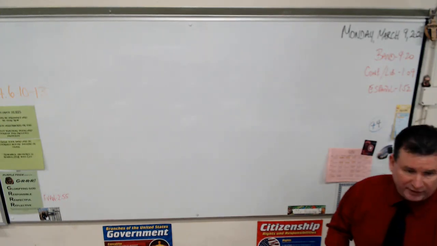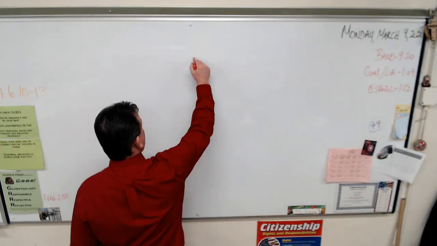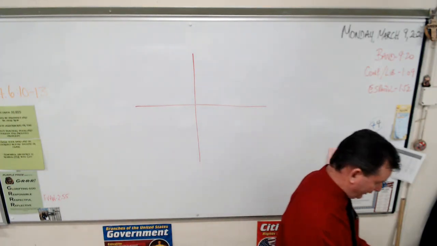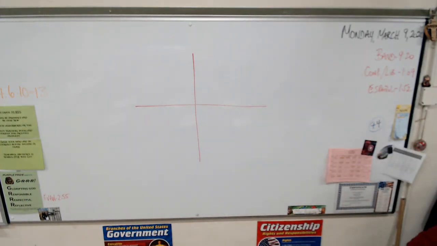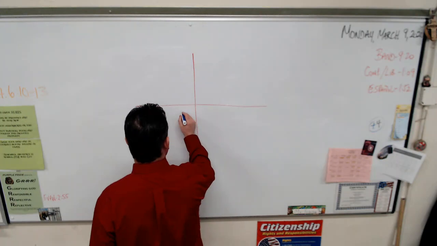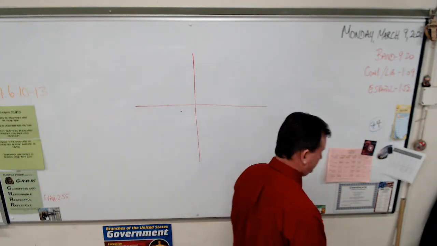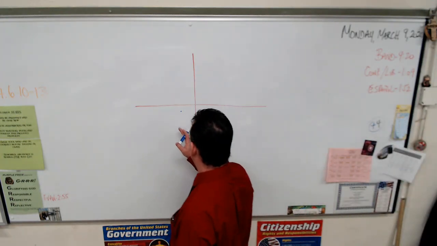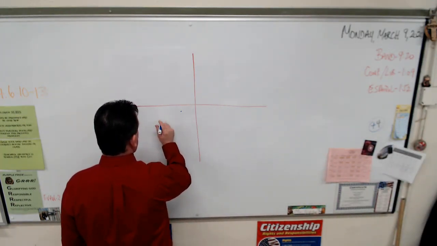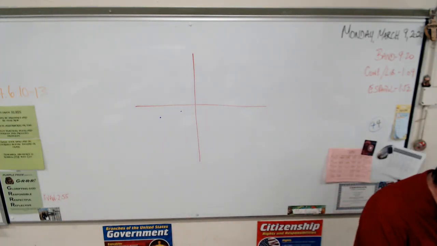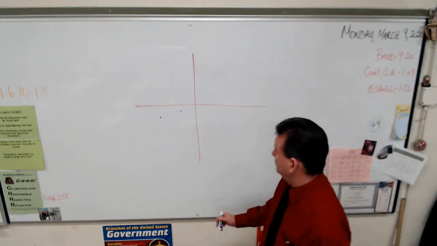So let's see if I can try to duplicate a graph without lines to get close to what you have. I consider it a challenge. -2, -1. Go up there. -5, -2. Go up here. -4, 2.